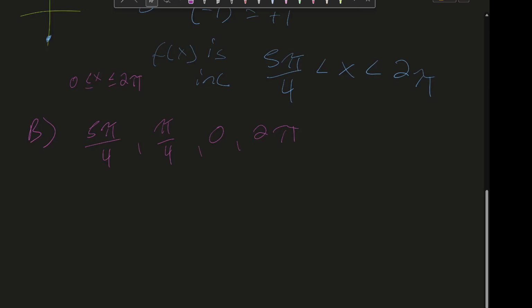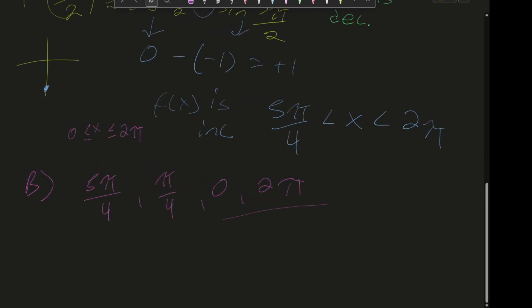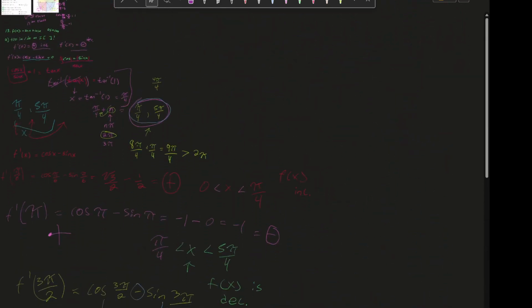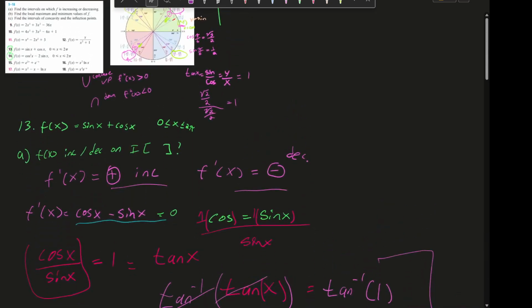Whether it's an absolute max or min or a local max or min, if your interval includes the endpoints, you're going to want to test the endpoints to find maximum and minimum values. But you're not plugging into the first derivative.